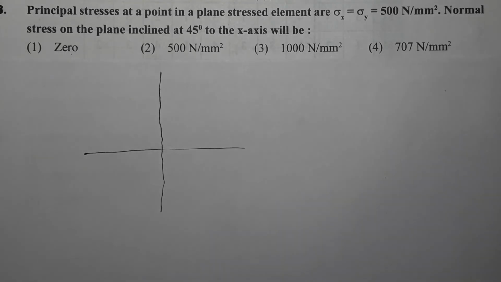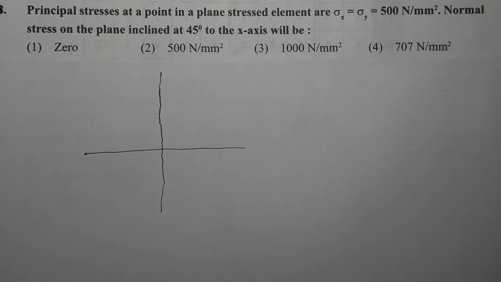Next question: principal stresses at a point in a plane stressed element are sigma x equal to sigma y, that is equal to 500 newtons per mm square. Normal stress on the plane inclined at 45 degrees to the x axis will be. Now the question is related to principal stresses and normal stresses. Here I will prefer to use the Mohr circle method.